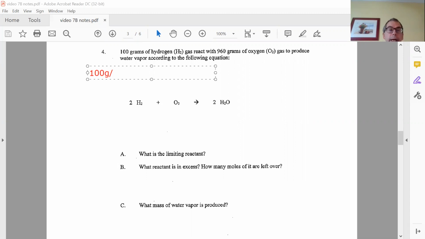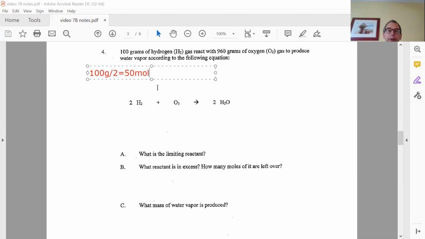So I'm going to do it shorthand. I'm going to divide that by 2 because the molar mass of H is 1, but H2 would be 2. And mass divided by molar mass, I'm going to get 50. Maybe I'll save a little space here. I'm going to get 50 moles right here of H2. That's something I can compare with this equation.